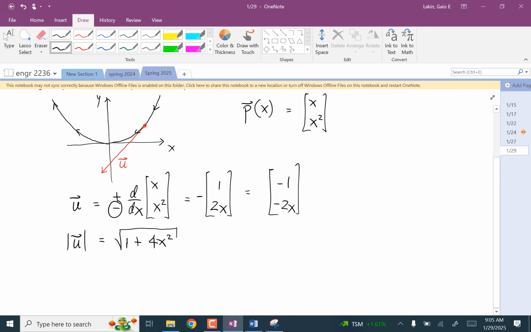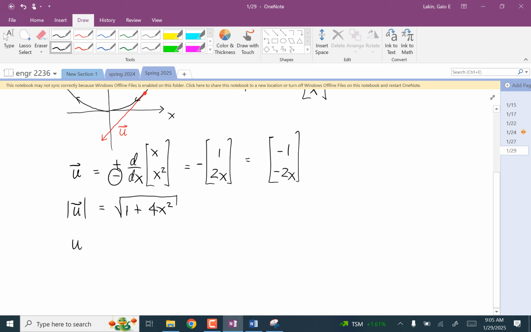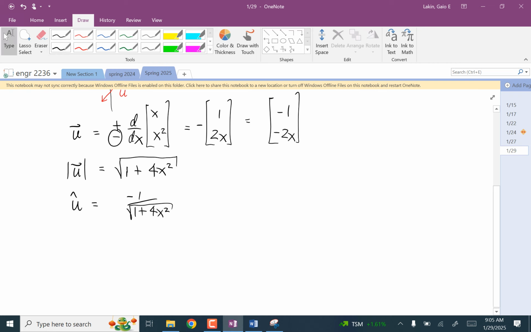And so the unit vector then is this vector divided by this magnitude. So I'll write that as -1 over the square root of 1 plus 4x squared, -2x over the square root of 1 plus 4x squared.